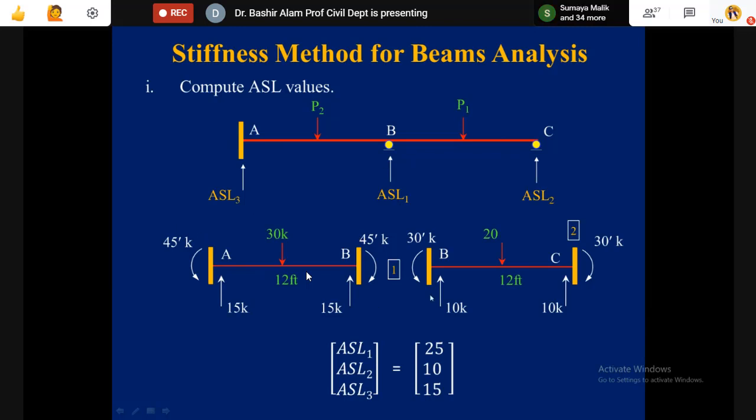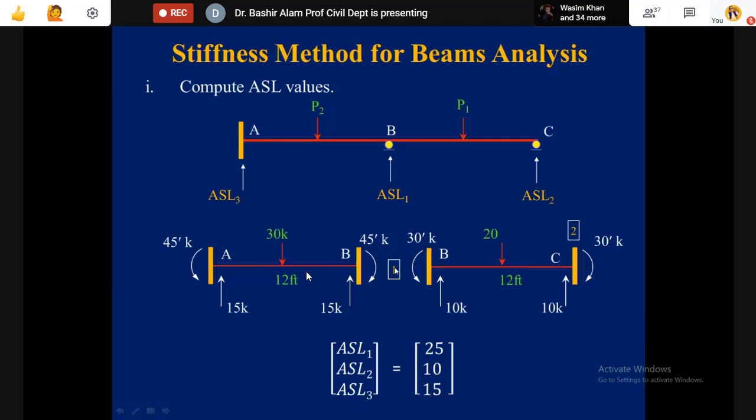Now ASL1, it is the summation of these shears, which will become 15 plus 10. This is the total reaction showing this ASL1. So ASL1 is 25, ASL2, I'm not finding the shear now, I'm finding the total support reaction. ASL2, it is 10, and ASL3, it is now 15.